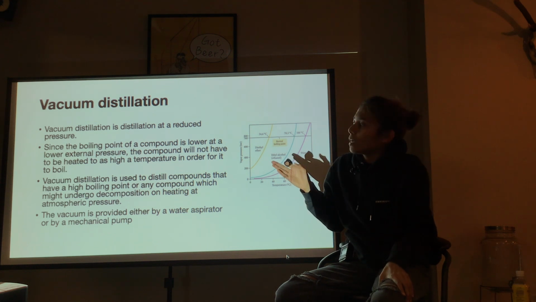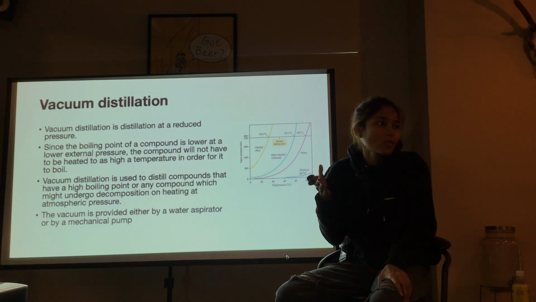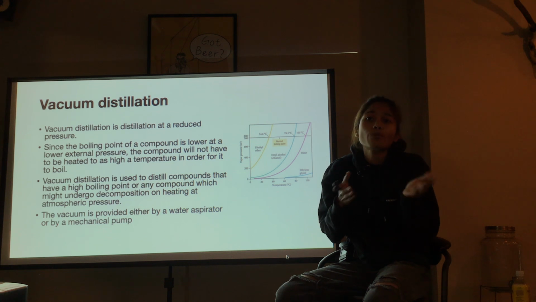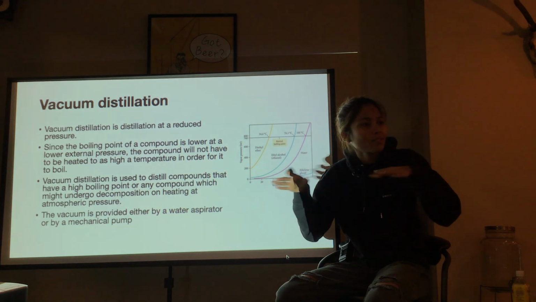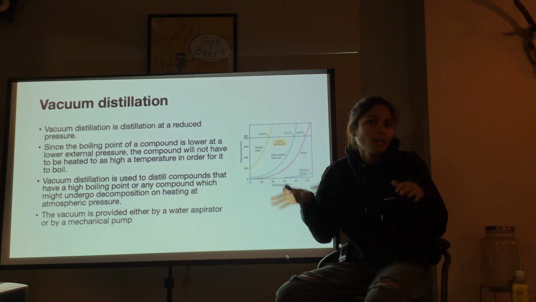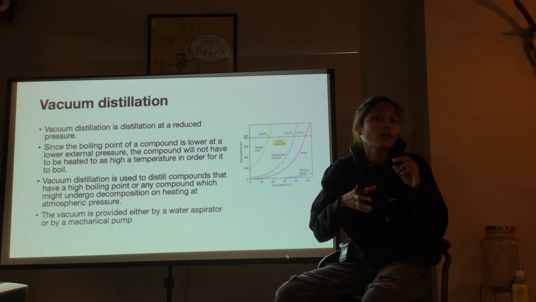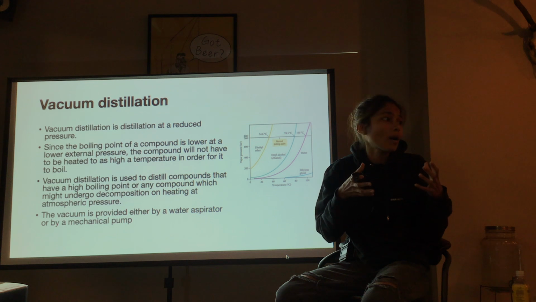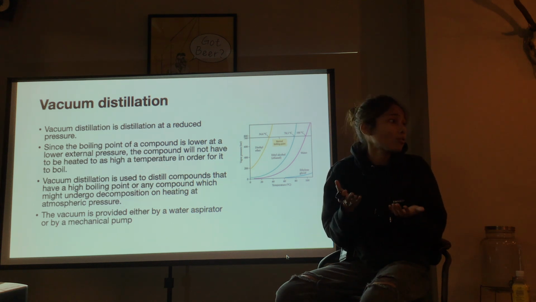So if atmospheric pressure here is 1000 mbar, and you put it under vacuum and bring it to around 20 mbar, water, which at normal earth pressure boils at 100 degrees, now has an evaporating point of around 26 degrees.